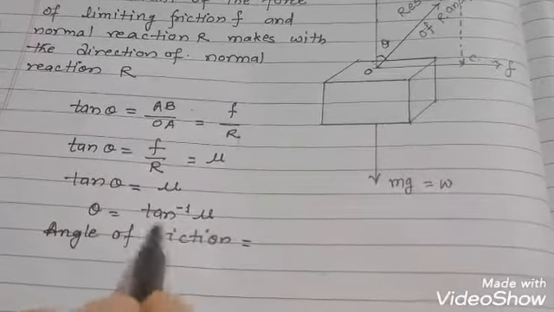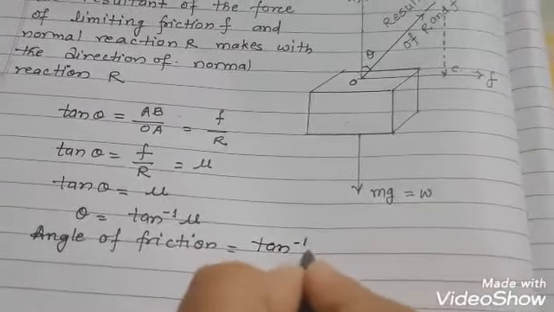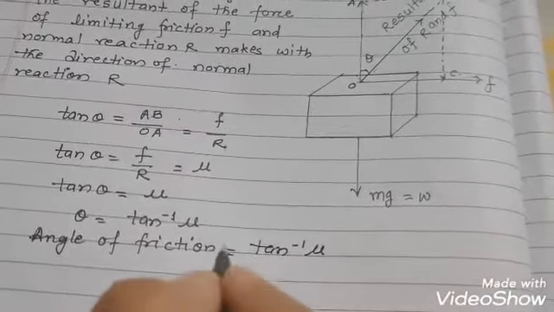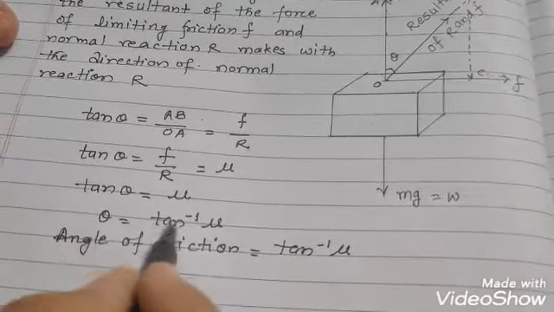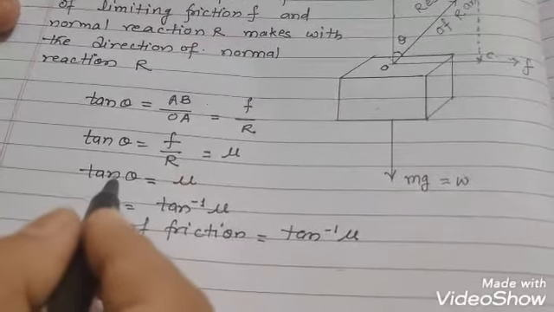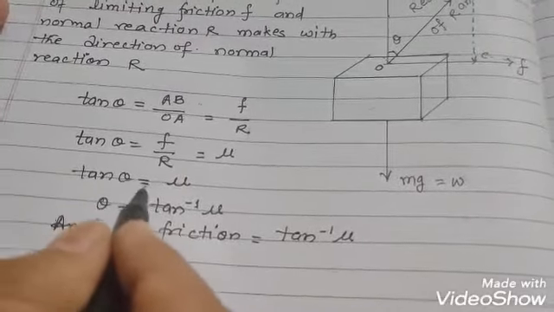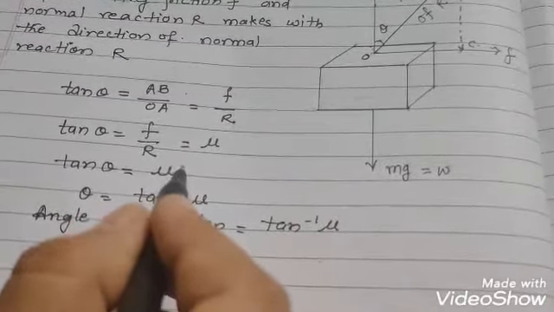That means the angle of friction is equal to tan inverse mu, or the tan of the angle of friction is equal to the coefficient of limiting friction.